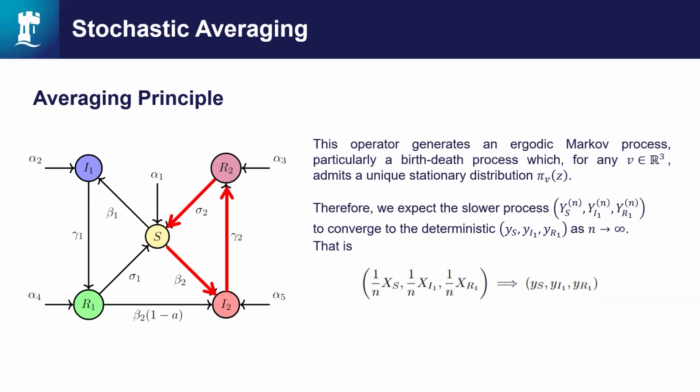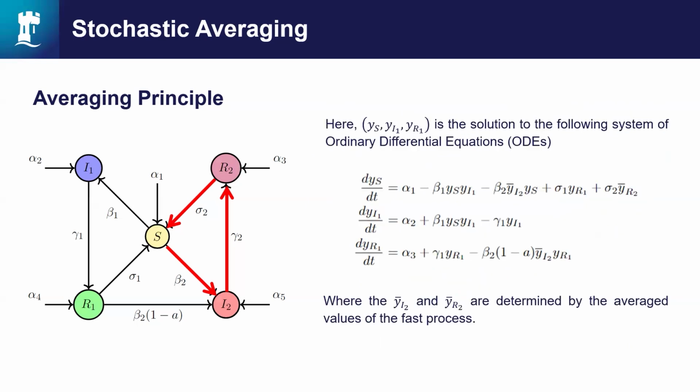Okay, and so what we can then say is that my slower variables converge to a deterministic set of variables, which is then written as this ODE, which now has only 3 variables. So everywhere we had an I2 and an R2, we've replaced it with the average values of the fast process.